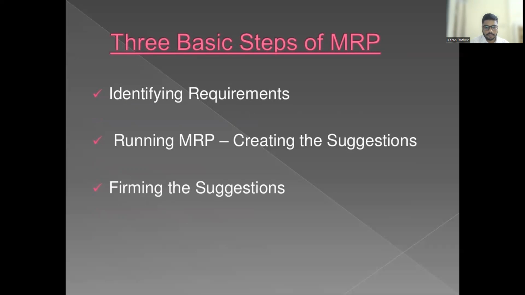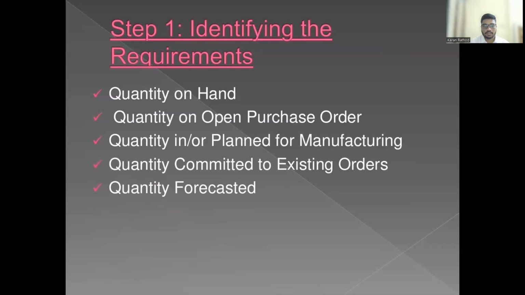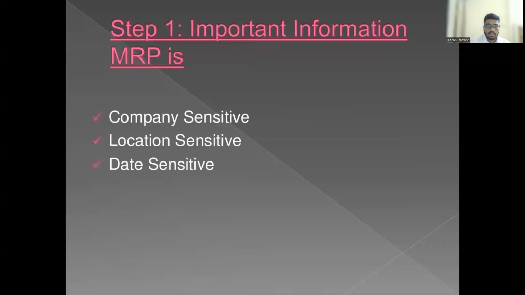Identifying the requirements can be done through the stock we have: quantity on hand, quantity on open purchase order, quantity in planned or manufacturing, that is work in progress, quantity committed for existing orders, and quantity forecasted, that is the quantity we will need in the future.